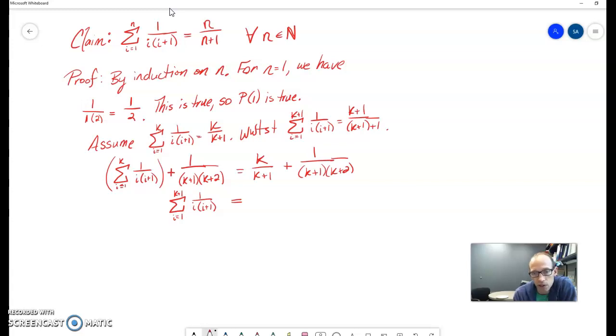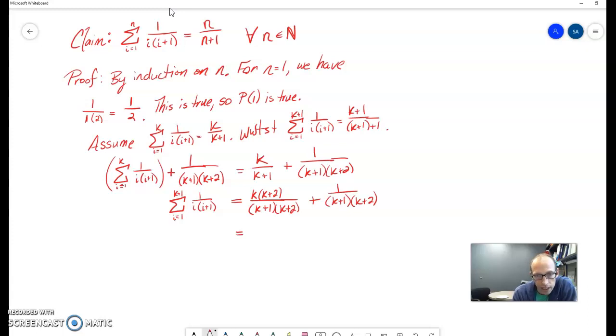So the first thing we want to do, we have two fractions. Let's get a common denominator, which would be k plus 1 times k plus 2. So let's multiply this first fraction by k plus 2. We'll have k plus 1 times k plus 2 on the bottom, and 1 over k plus 1 times k plus 2.